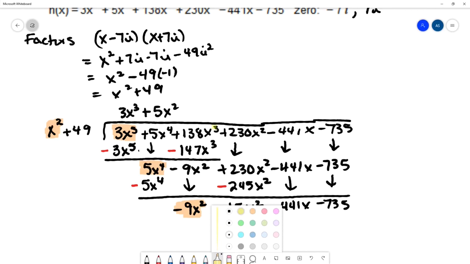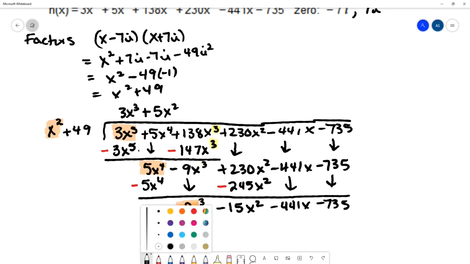Right here, this was a cube, and I changed it to a square, so I need to change that back to a cube. And this is also a cube here. So I would multiply that by negative 9x.